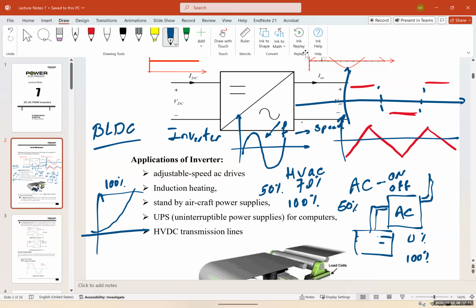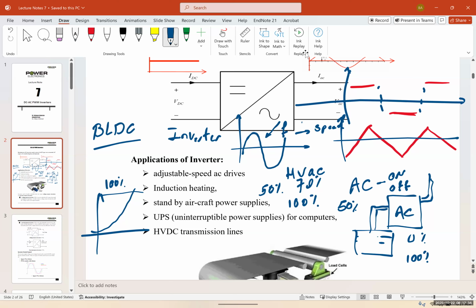Now, I would say a vast majority of EVs nowadays use AC motors. Why? Because they are cheaper, very efficient, and they last longer as well. DC has a lot of benefits as well, and most of them are using a combination, a type of, I could say, BLDC motors.